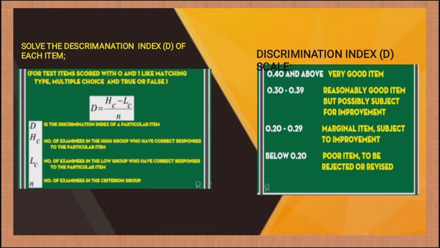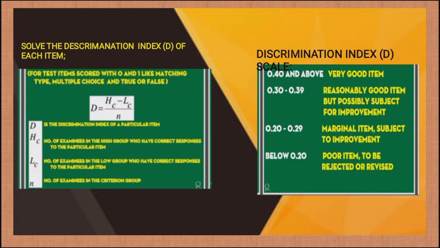It's equal to HC minus LC over N, in which HC is the number of examinees in the high group who have correct responses to a particular item, and LC is the number of examinees in the low group who have correct responses to a particular item, and N is the number of examinees in the criterion group, depending on how many pupils you will include in that particular group.